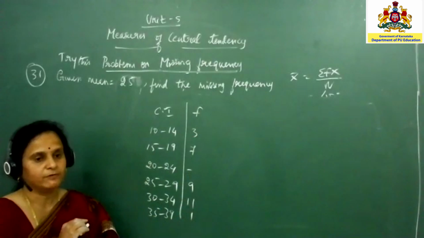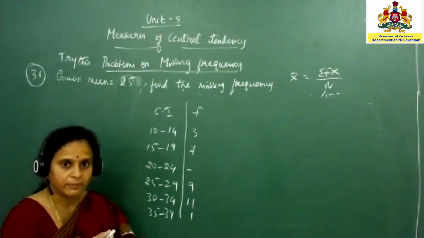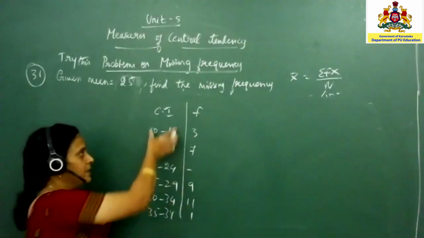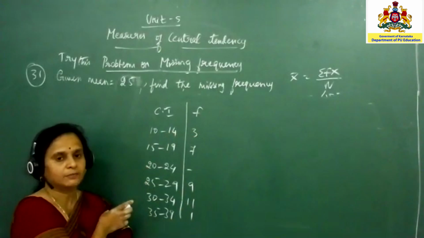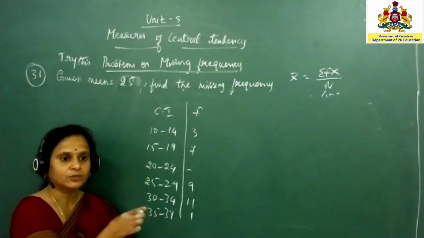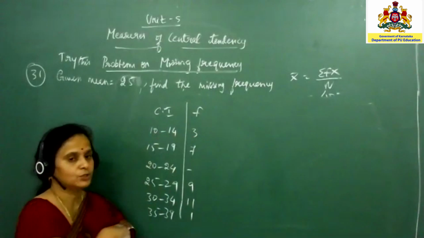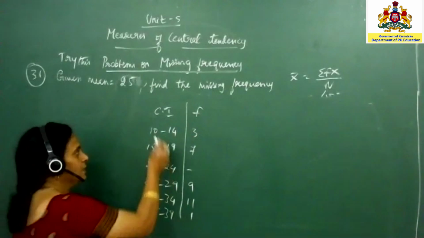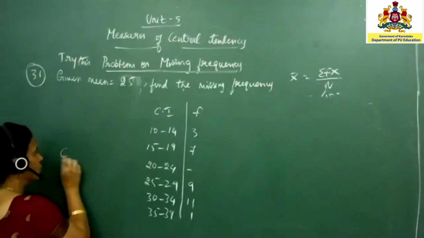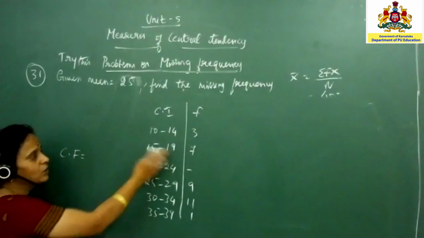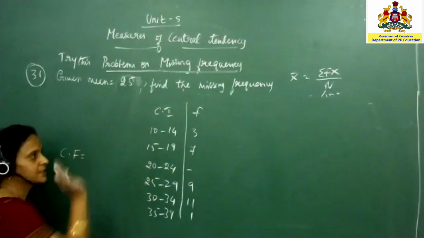Okay, similar to the previous one, but one difference you can make out. There, I just took it as an exclusive class interval, but here this is inclusive type. So whenever you have inclusive type, you can convert to exclusive type. So how to make the conversion to exclusive type? Right? So here, in general, we have to use a correction factor. So for correction factor, I just take any lower limit of any class interval except the first one.